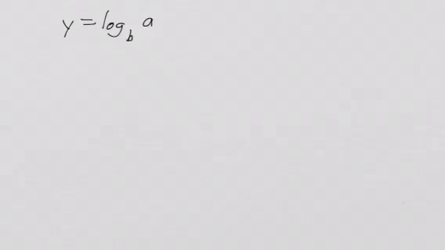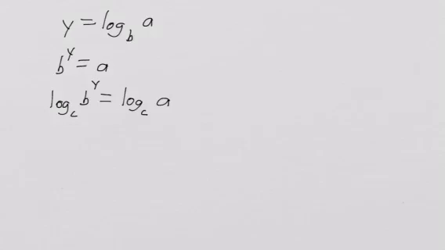So now, by the properties of logarithms, we have b to the y is equal to a. Well, now what I'm going to do is take the log base c of both sides. So log base c of b to the y is equal to log base c of a.